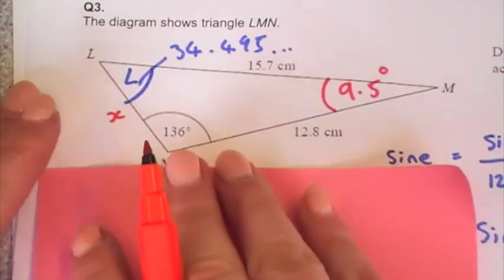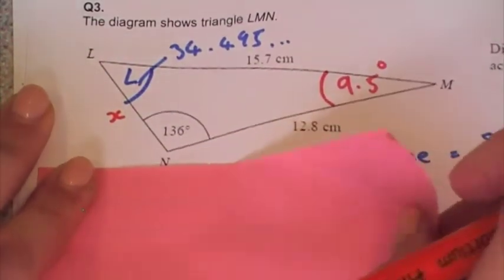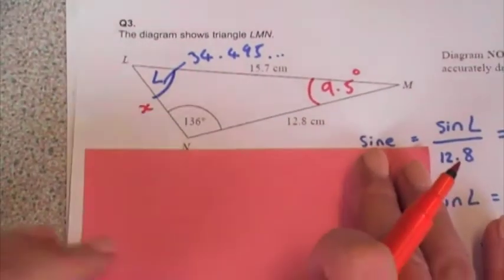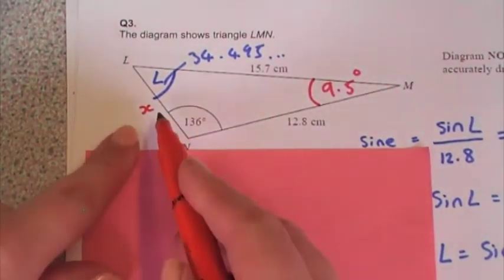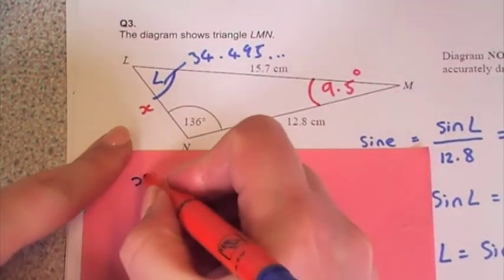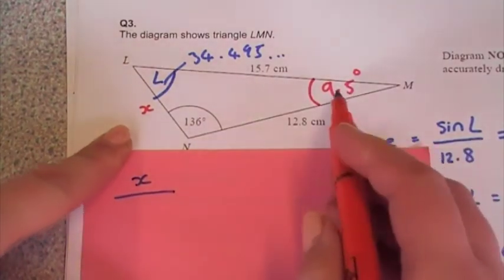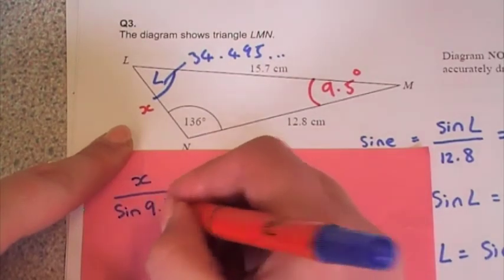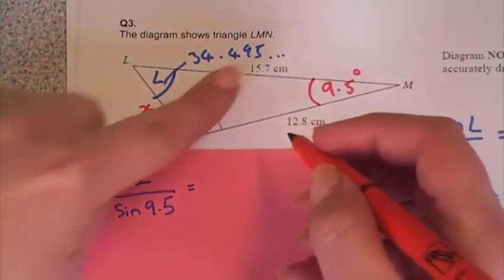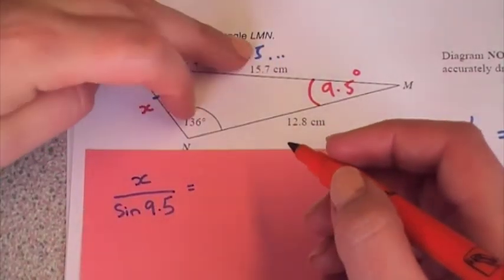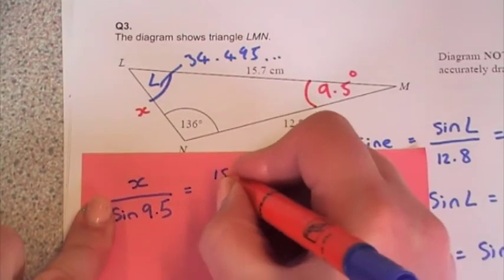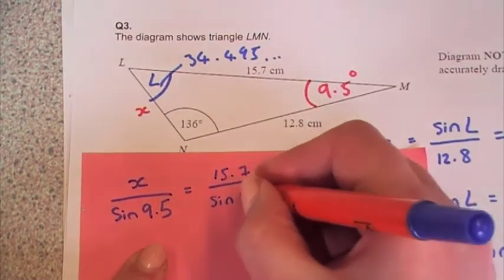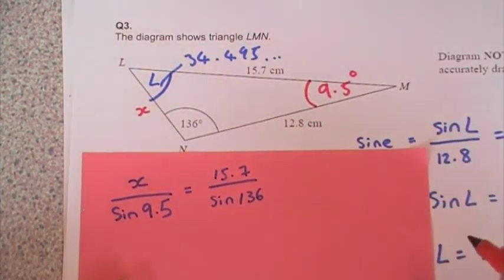So if I was answering this from this point onwards using the sine rule, what I would do is to find x, I'd know that x over the sine of 9.5 is equal to any of the other lengths. I'm going to go with the one that was printed on the paper. 15.7 divided by the sine of its opposite angle, so sine 136.